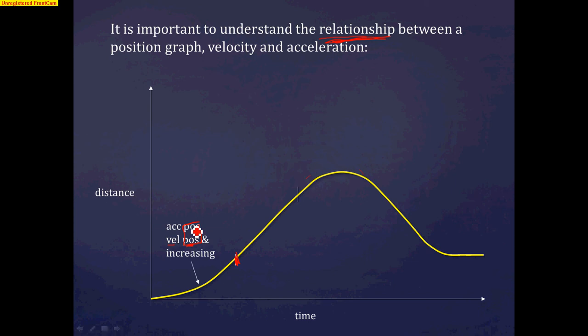However, on this linear piece, the slope is constant, but positive. And if the slope is constant, the derivative of the slopes would be 0, because the derivative of a constant is 0. Look at this next piece. Velocity is positive, but decreasing.